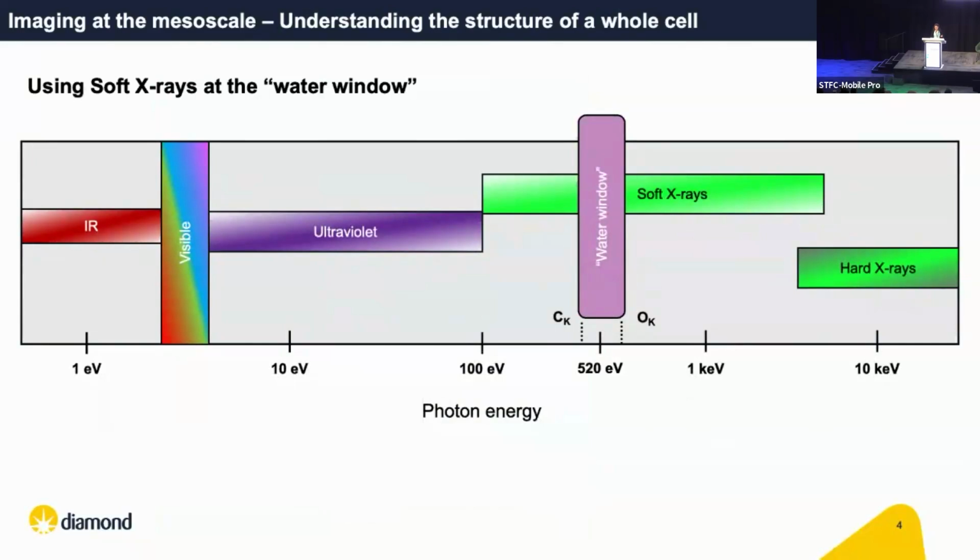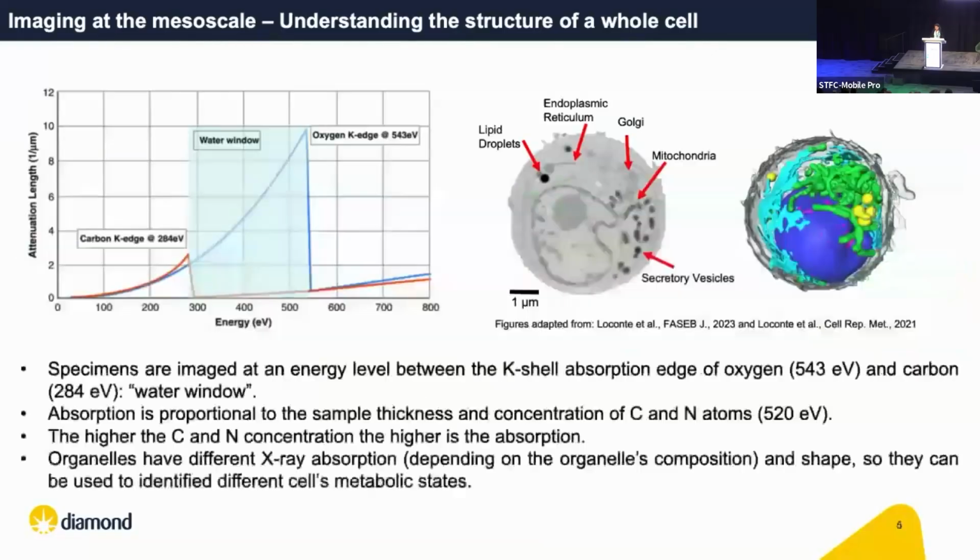It's called the water window because water is practically completely transparent to the beam. What does it mean? It means that we can actually take advantage of the features coming from carbon and nitrogen atoms, which are the main component of organic and bioorganic material. So we don't need to stain the cells to track the presence of bioorganic material within the cell.